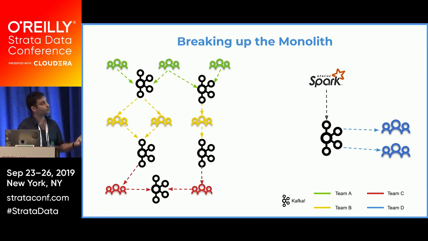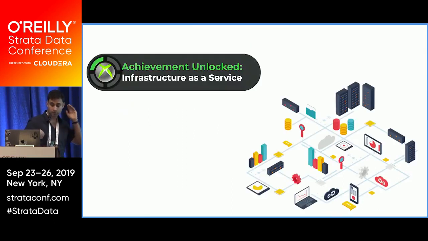So this has had a lot of interesting changes on our organization, and so far it's been working pretty good. So we achieved infrastructure as a service. And what does this really mean? Well, a lot of people say software as a service or platform as a service. And at a certain point, for those of us who are closer to the DevOps side of things, developers really don't like platform changes.